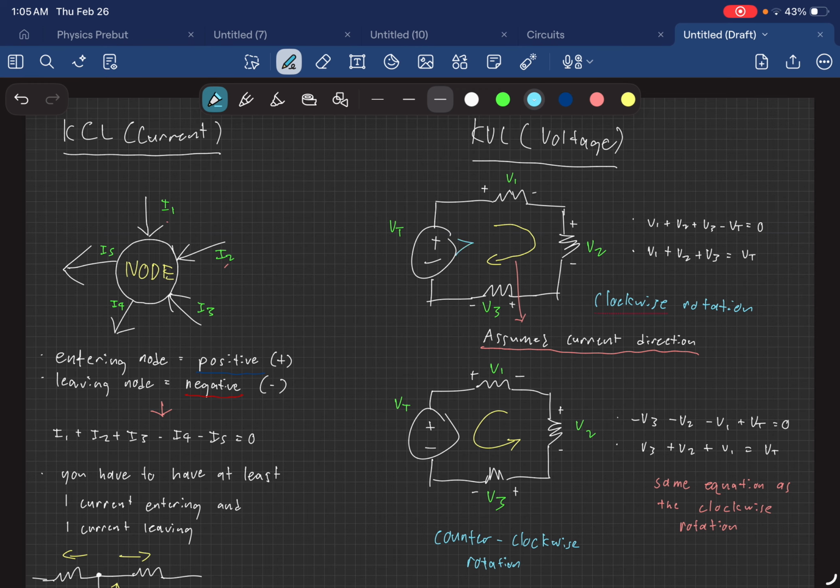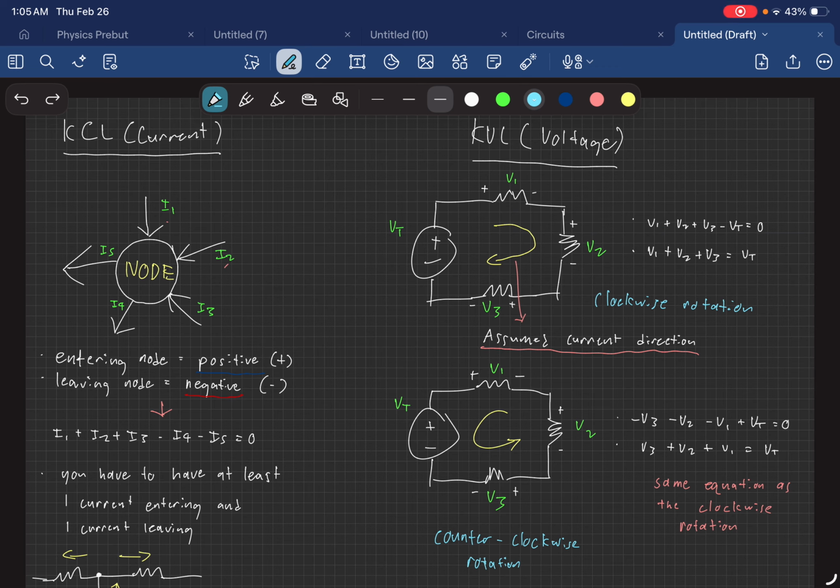We have it on our voltage as well, our battery. So we move, okay, plus V1. Next it meets plus V2. Next it meets plus V3. And then we move here. Oh, wait, it's negative. We meet a negative, so minus VT. You get what I'm trying to say?